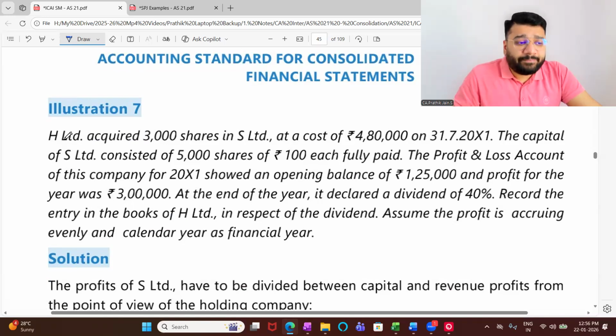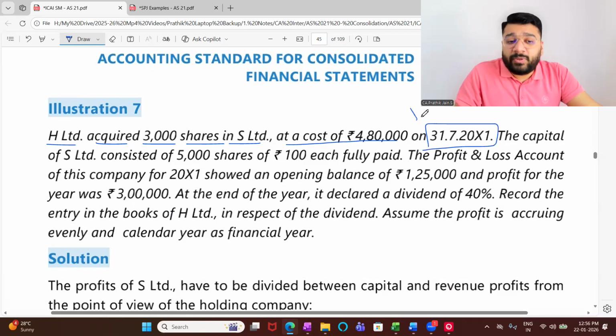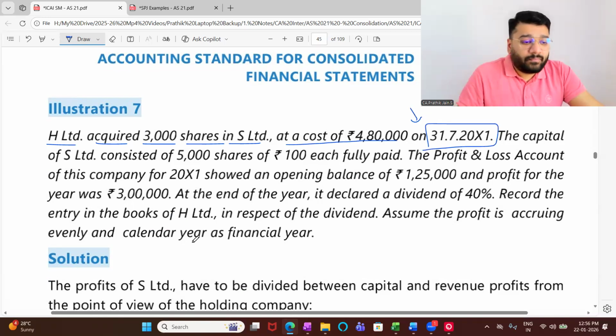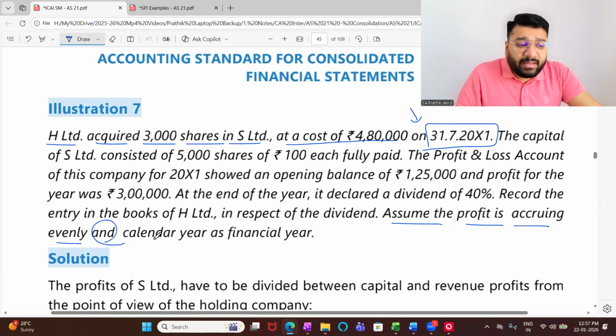Now listen to me very carefully. H Limited, the holding company, acquired 3,000 shares in S Limited at a cost of 4,80,000 rupees on 31 July 2001. Date to be noted. The last line says to assume the profit is accruing evenly and the calendar year is the financial year. What is the calendar year?